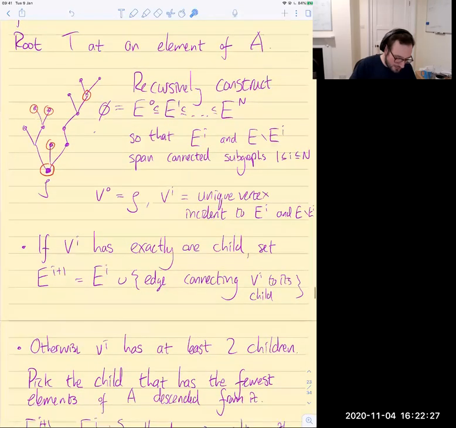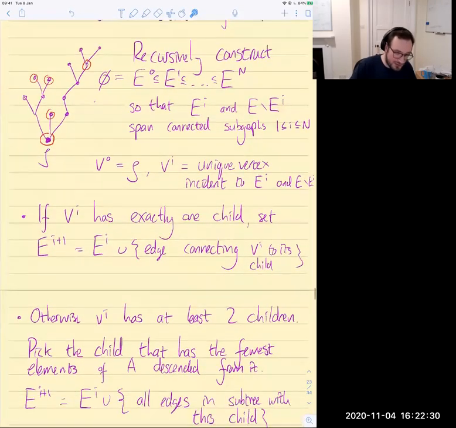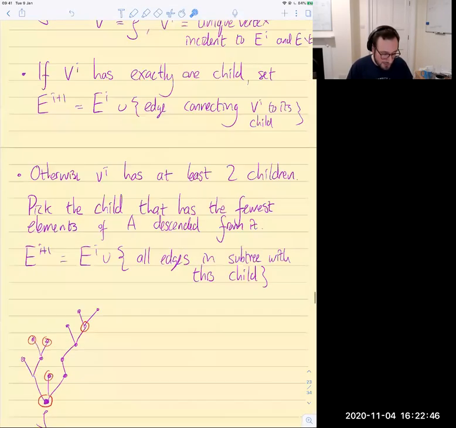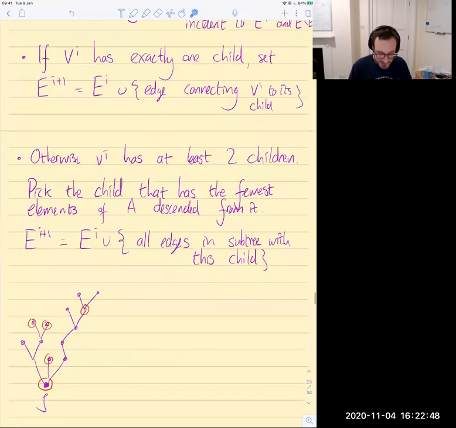So how am I going to build the sequence? If this vertex v_i, the boundary vertex, has exactly one child, I'm just going to increase Ei by the one edge going to this child, and then v_{i+1} will be that one child. Otherwise, v_i has at least 2 children.